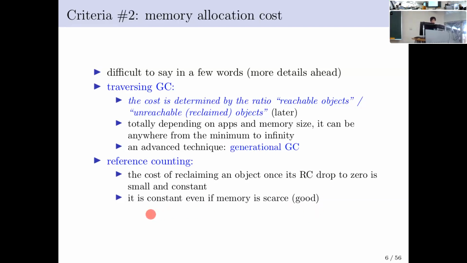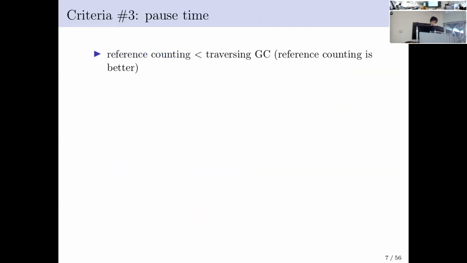So generally speaking, the memory allocation cost is constant, no matter how many reachable objects the application maintains or how much total memory the program is using. And even if memory is scarce, it is generally good. I'm going to get into this later.